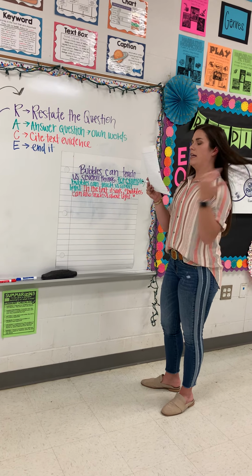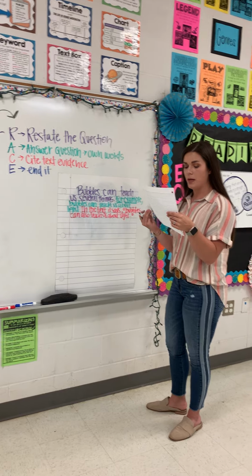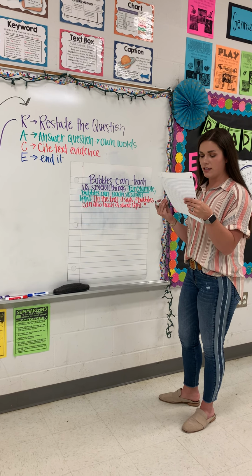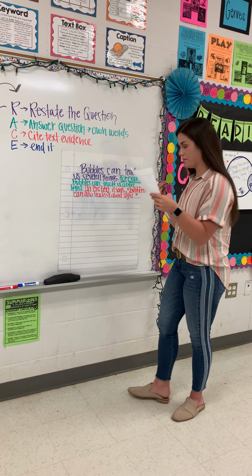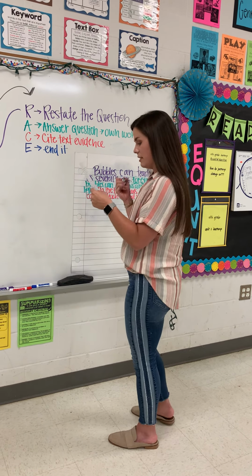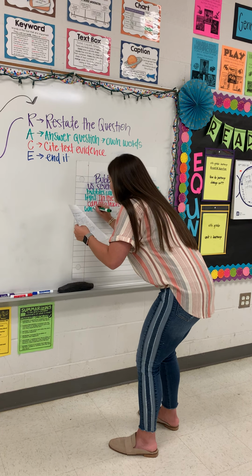So what I'm going to say is, when the author compares the bubble to a prism, it tells us that bubbles can show different colors of light. Okay? It's teaching us the different colors of light. So that's what I'm going to put exactly.